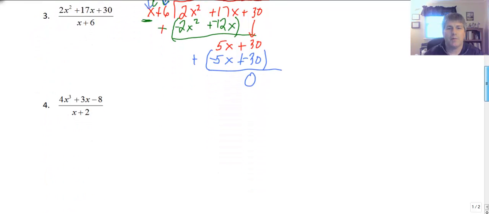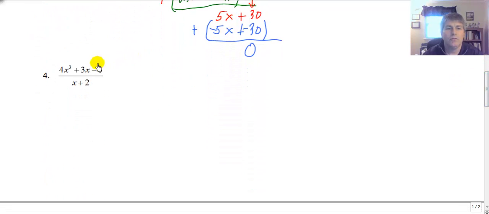Let's try another example. We'll do the same process. How many times does x plus 2 go into 4x cubed plus 3x minus 8? Well, we want to put this in decreasing order of x, but you'll notice there's no x squared term. So we're going to need a placeholder for x squared.